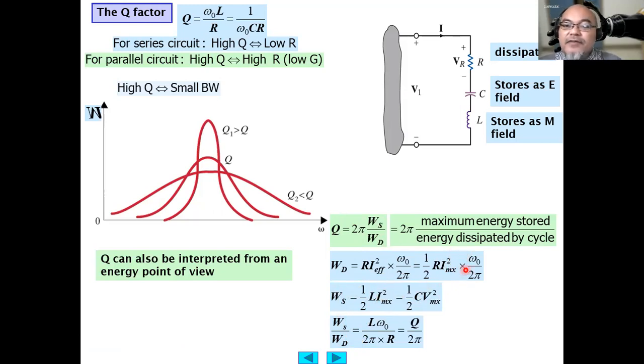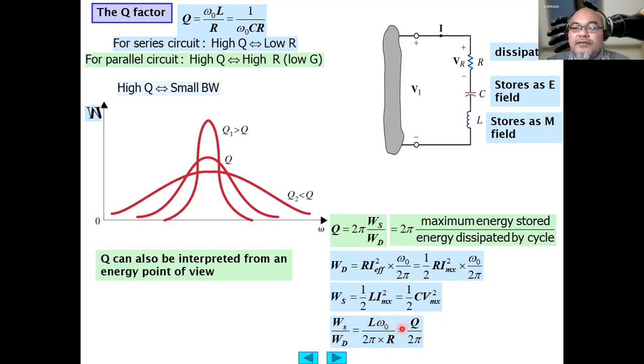Then the I squared factors cancel each other, and the half also cancels, so we are left with L I maximum squared divided by R I maximum squared. Then L omega 0 divided by 2 pi, the 2 pi factor from the dissipated energy, divided by 2 pi times R. And we know that L omega 0 divided by R equals the quality factor.